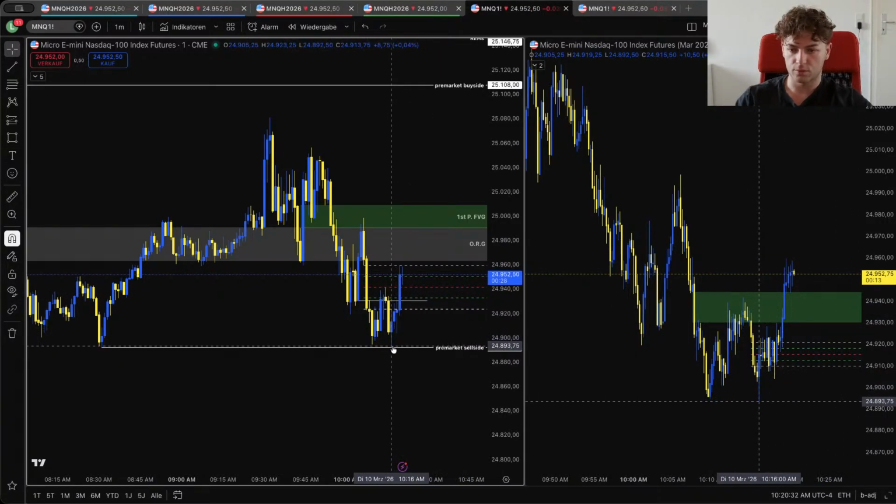Sell side hasn't been taken out still yet. So what is ICT saying? Screenshot this for MNQH 2026: first presented fair value gap inside opening range gap to be used as a liquidity pool.